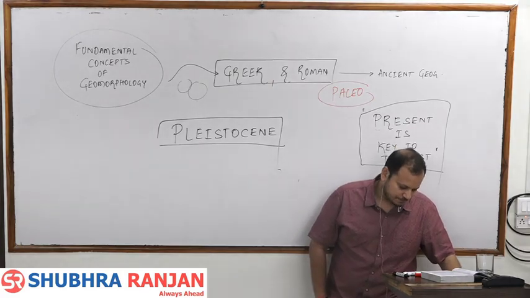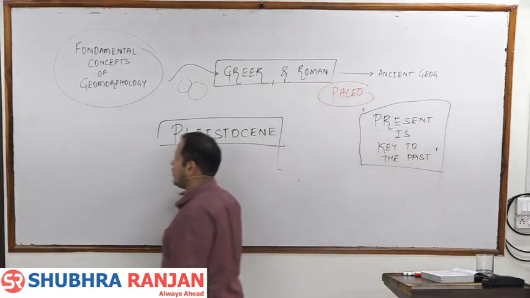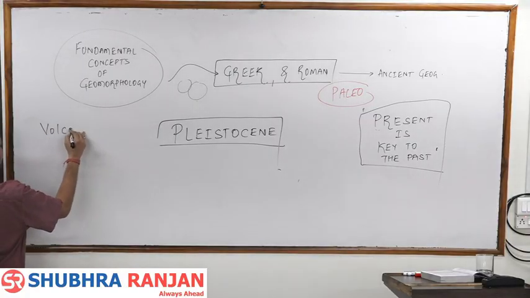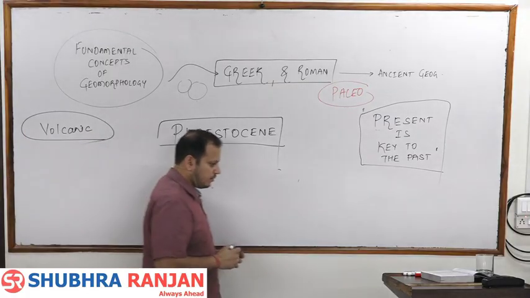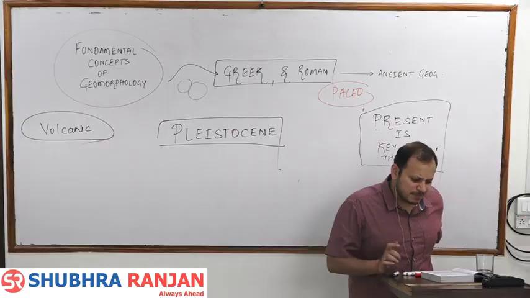Example 2. Though volcanism and volcanic activities, ये भी एक प्रोसेस है. प्रोसेस मतलब मैकेनिज्म.